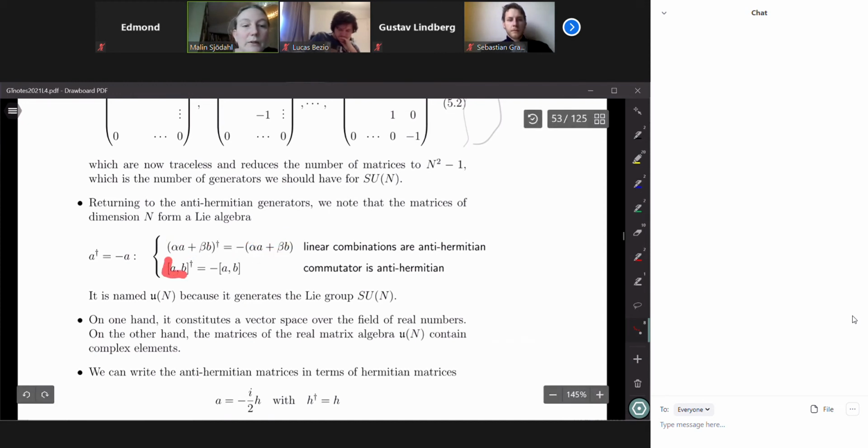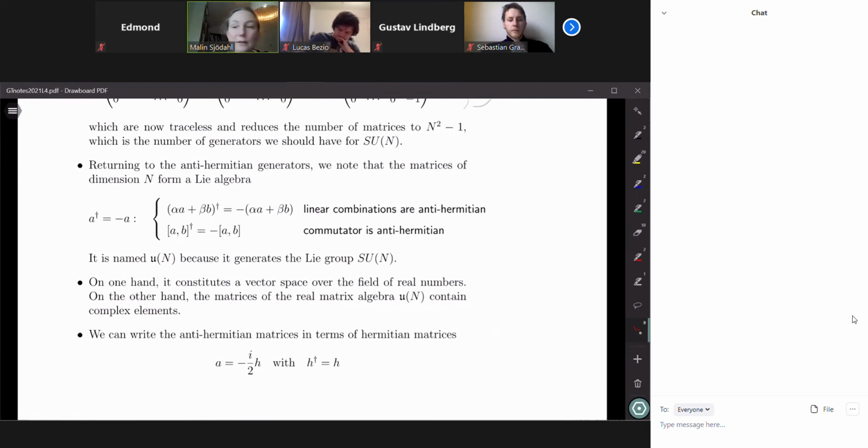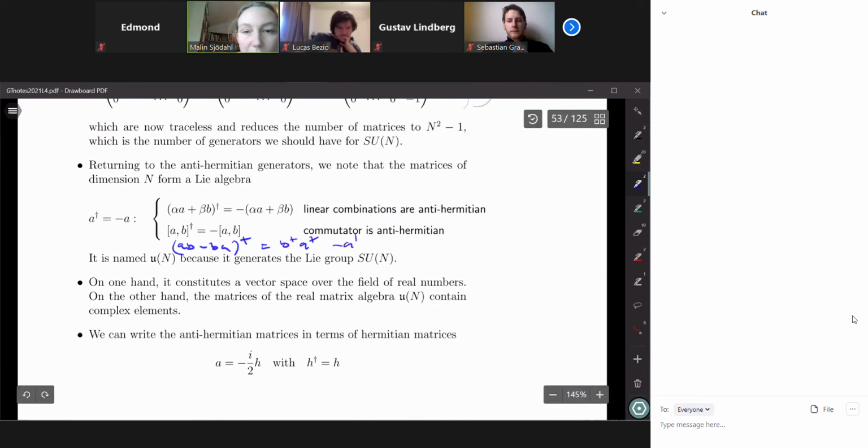Then we want that the dagger of the commutator of A and B should be minus the commutator, so we want the commutator as well to be anti-Hermitian, and it's easy to see that it is. If we write this out, this is AB minus BA, daggered. When we dagger, we reverse the order, so it is B dagger A dagger minus A dagger B dagger.